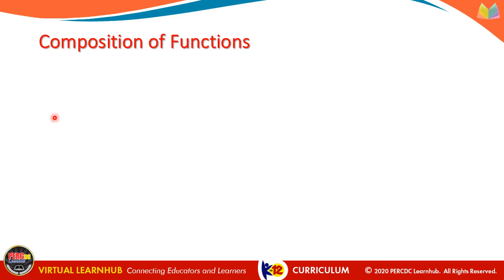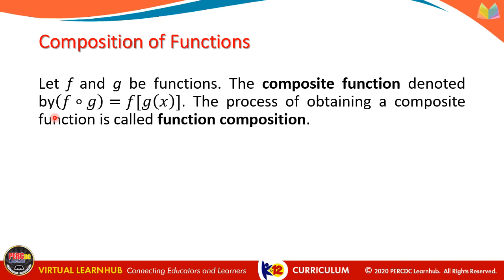Let us now go to the next topic, composition of functions. Let f and g be functions. The composite function denoted by f of g is equal to f of g of x. The process of obtaining a composite function is called function composition. We should note that f of g is not the same as f times g of x.